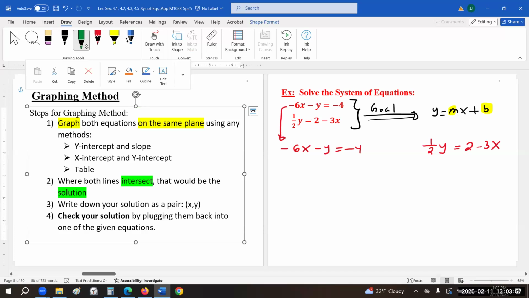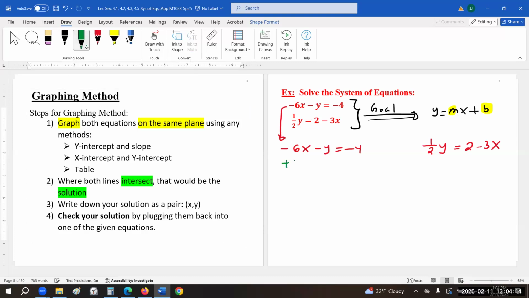Okay, our goal is to get the y alone. What is our first step to get the y alone? Plus 6x to both sides. So we get -y is 6x minus 4.